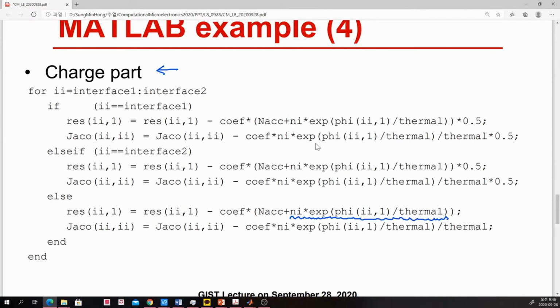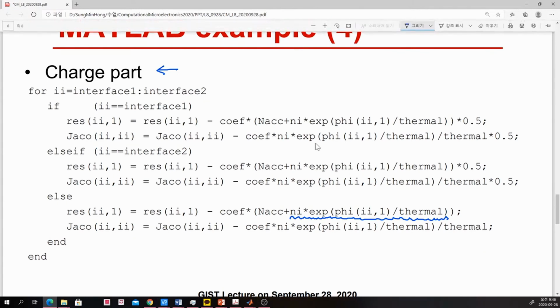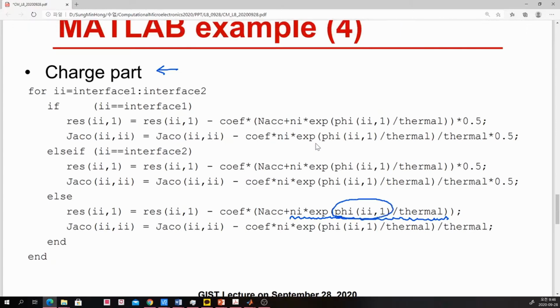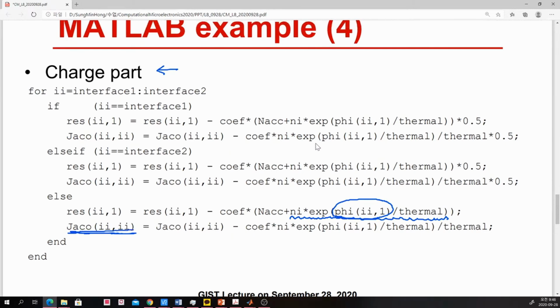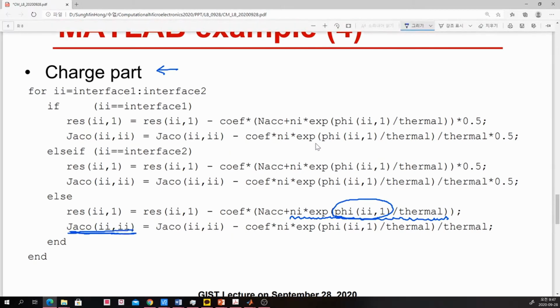This term is newly added, and since it has explicit dependence on the phi i component, now we have an additional contribution to the Jacobian matrix ii component. Now we have this contribution.